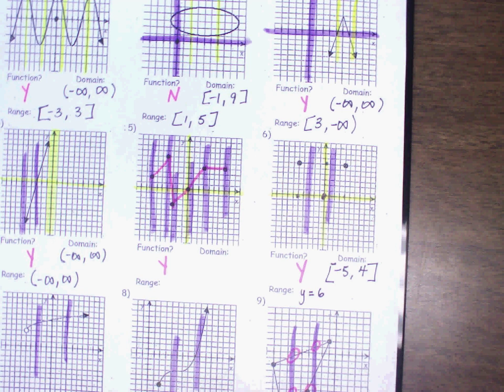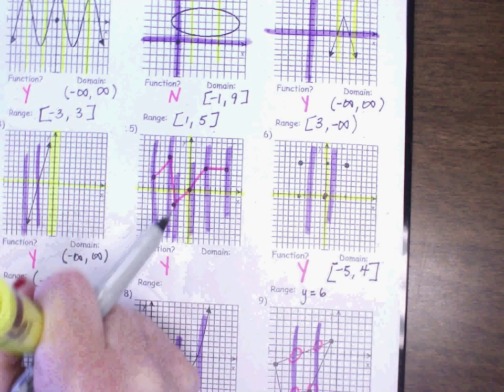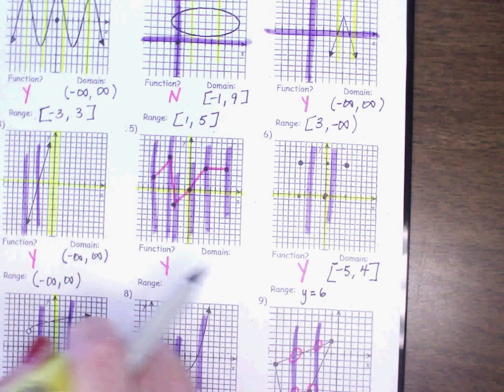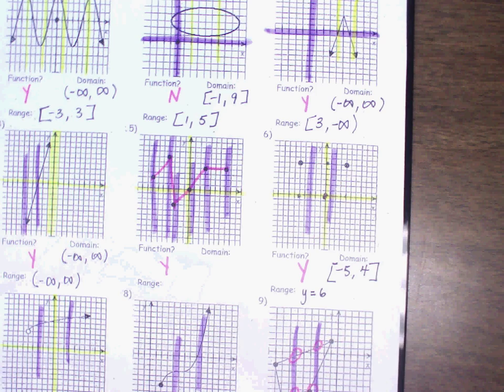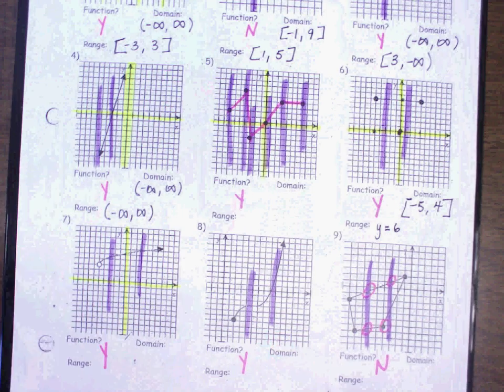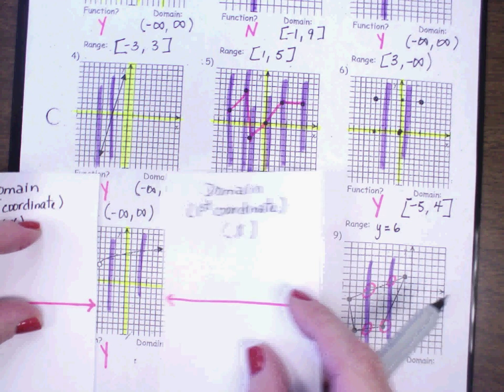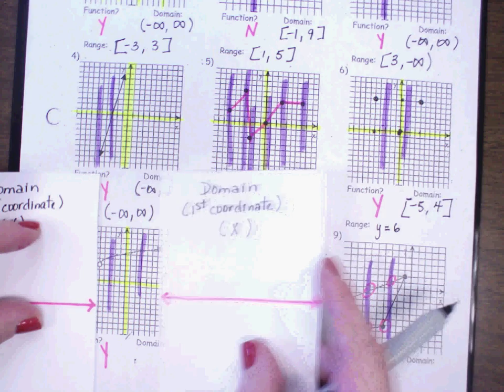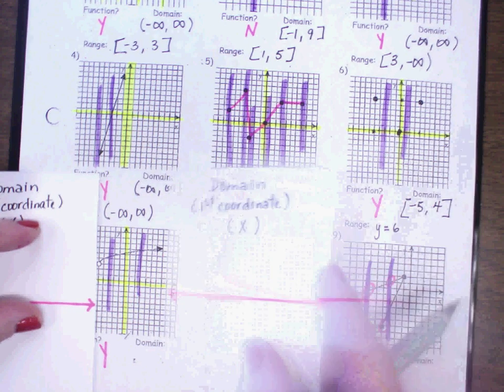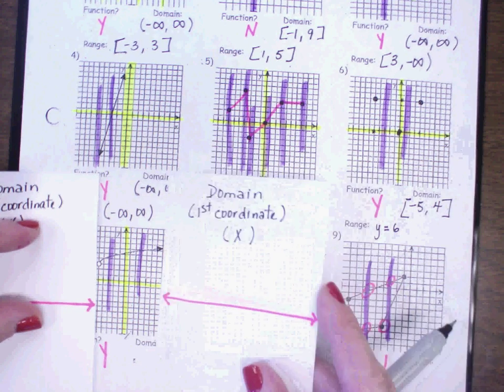All right. Let's highlight my x and my y. Let's do the domain. So the domain, can I enclose over here? Do I need to use both index cards or can I just use one?